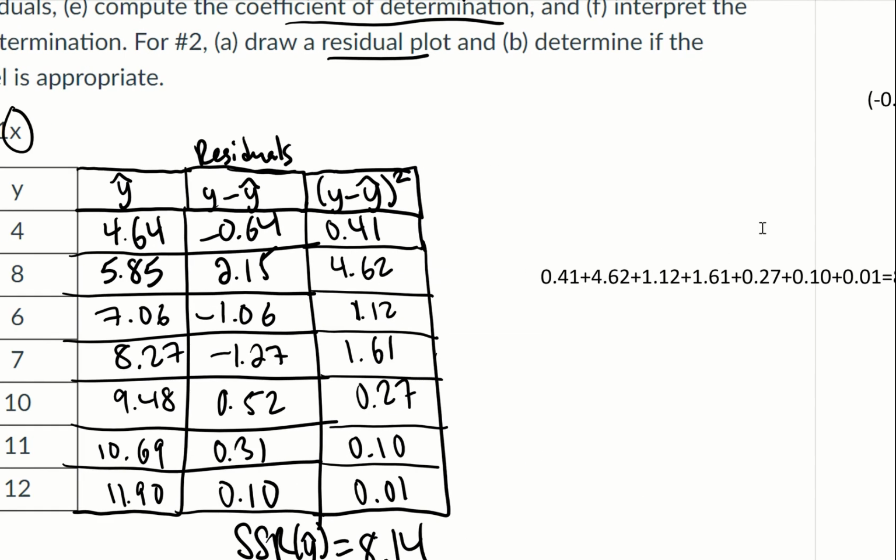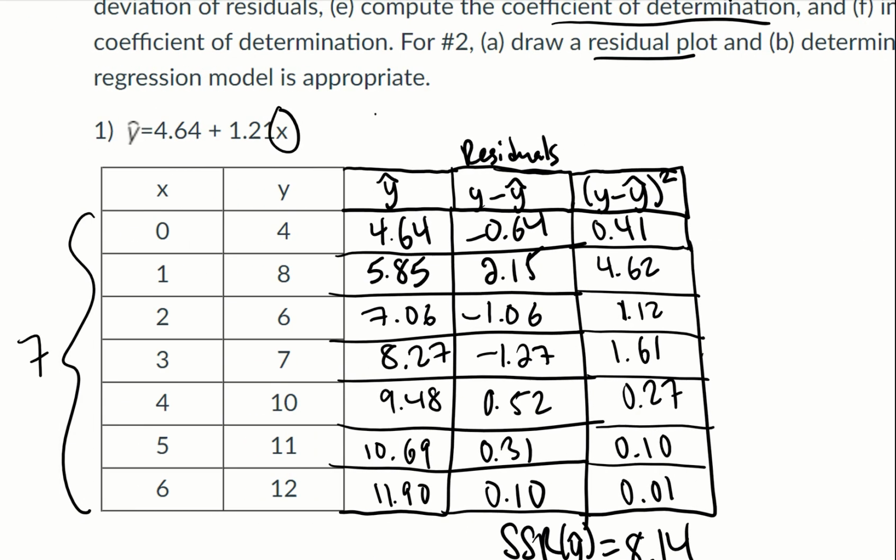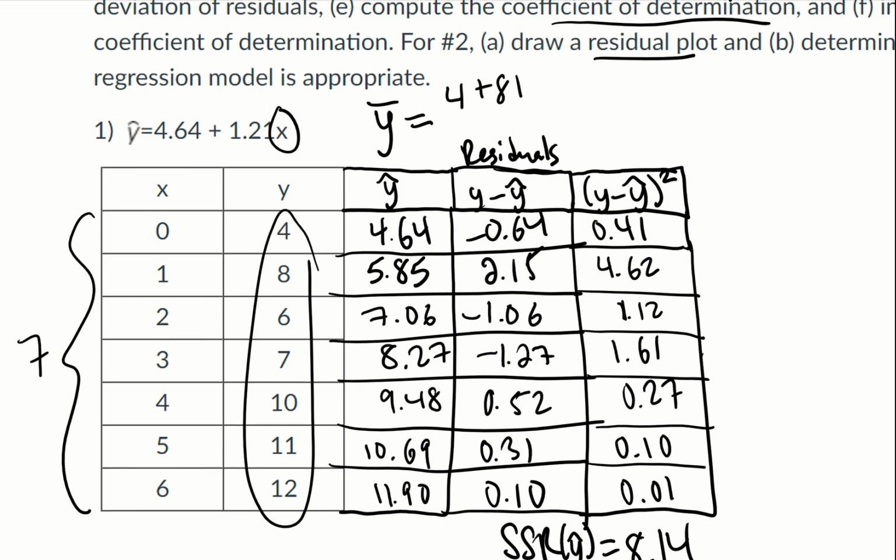All right, so let's get rid of this data here. We're going to need to figure out y bar. Remember, y bar is the average or the mean of the y values. So we're going to average these y values. That means we do 4 plus 8 plus 6 dot dot dot all the way to 12, and divide that by however many numbers. We have 7 numbers.